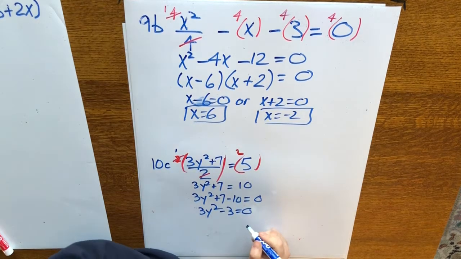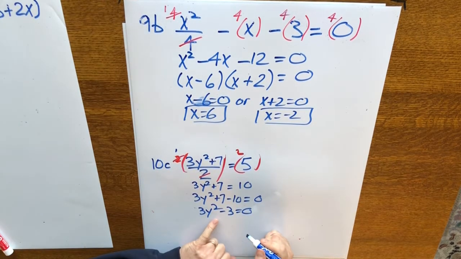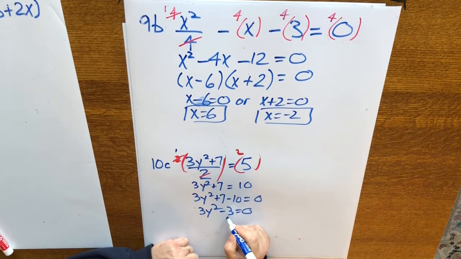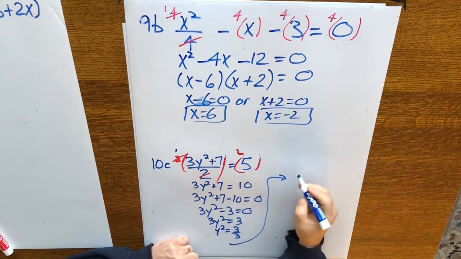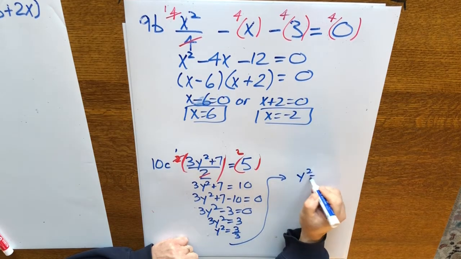Here's another equation where there's no b term, right? There's no just y term in there. It's 3y squared, no y term. So that means we're going to solve it using the method of transposing. 3y squared equals 3, dividing by the coefficient. y squared equals 3 over 3. So y squared equals 1.